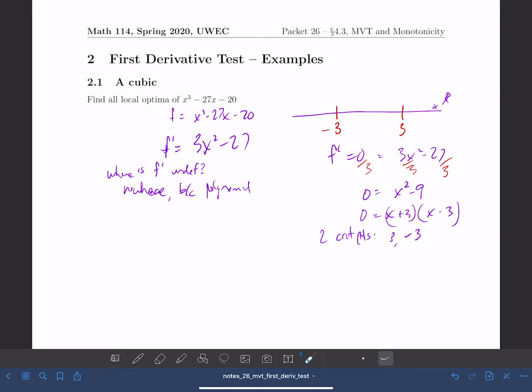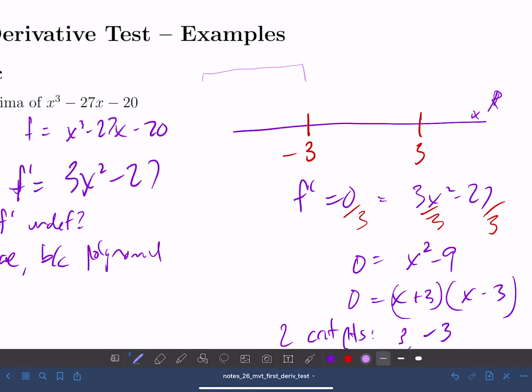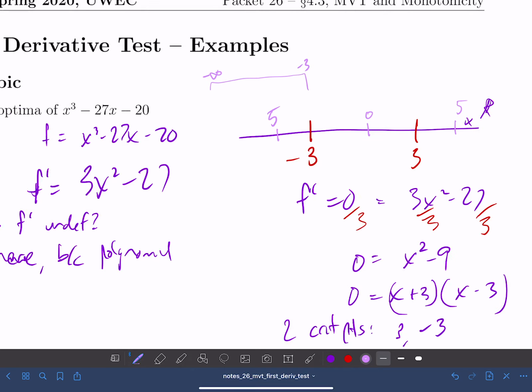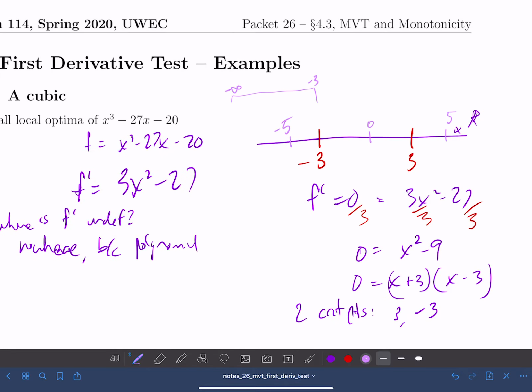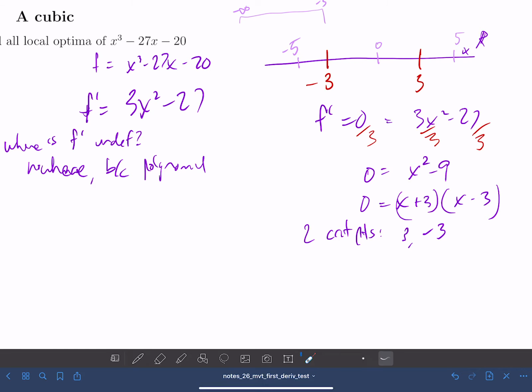So, on this interval right here, that's the interval from minus infinity to minus 3. We need to choose a nice point in here. Oh, let's say minus 5, because why not? I want to do 0 for this one, and let's do, say, 5 for that one. So I need to evaluate the sign of f prime at each of those places.